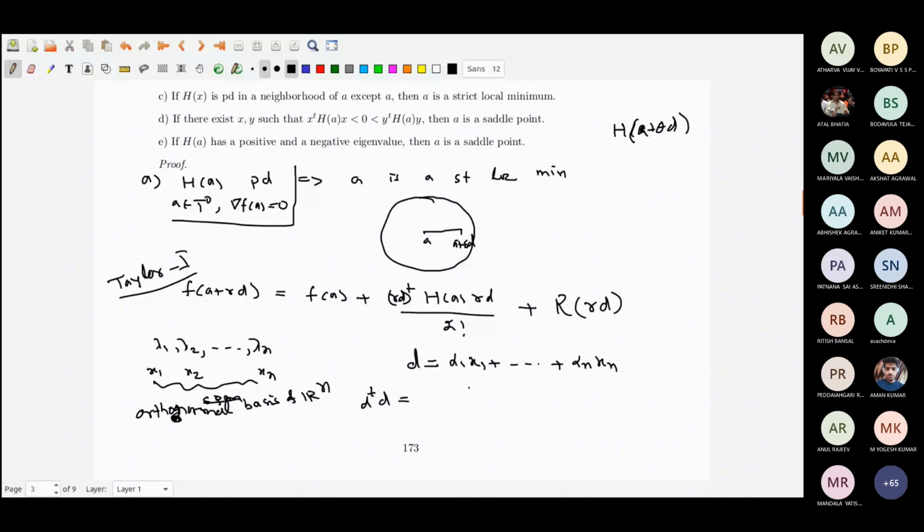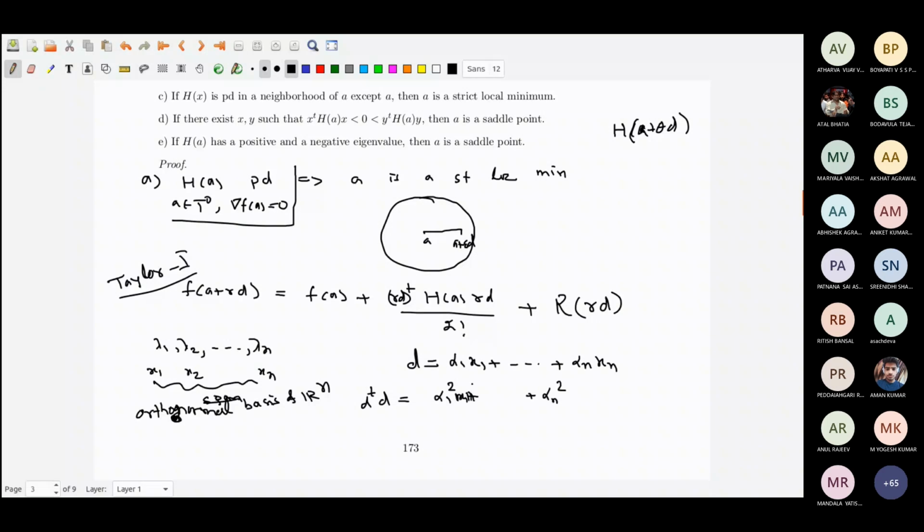So D transpose D would be alpha 1 square x1 transpose x1 plus dot dot dot plus alpha n square xn transpose xn. Since they are orthonormal, x1 norm square would be equal to 1. Otherwise normally you would write x1 norm square.